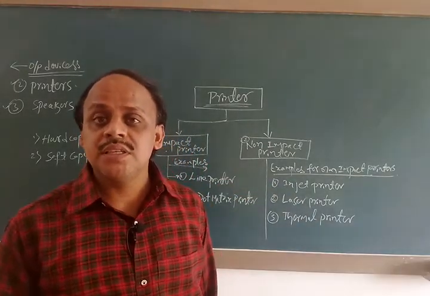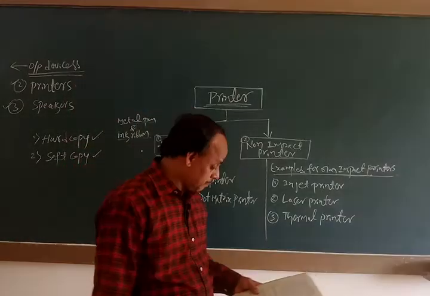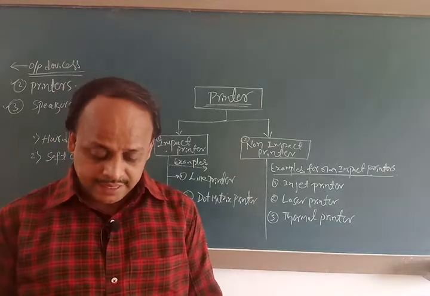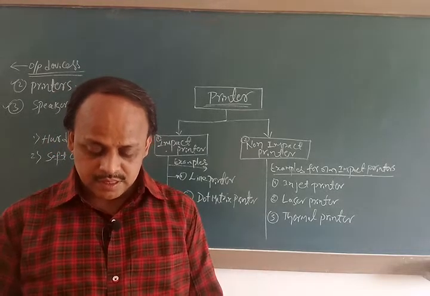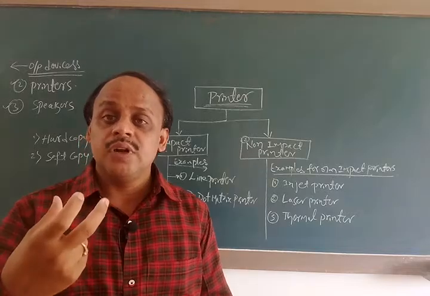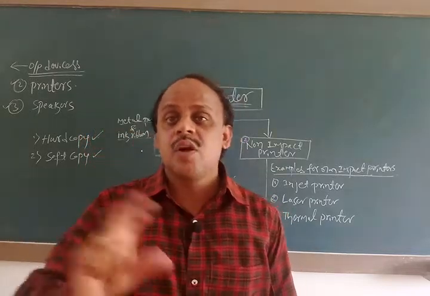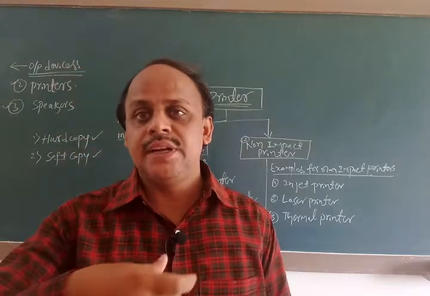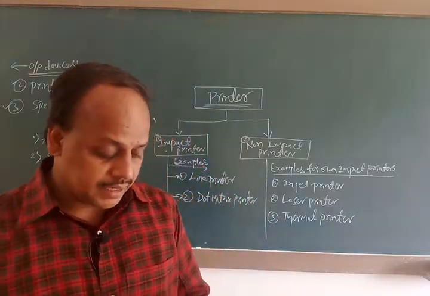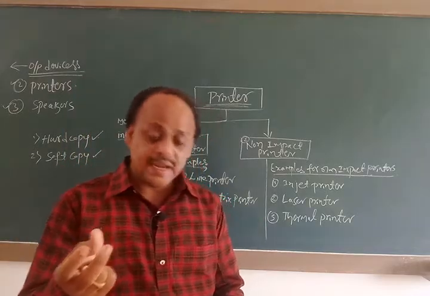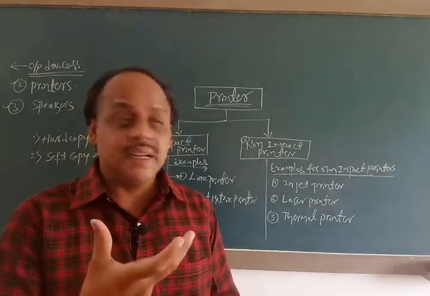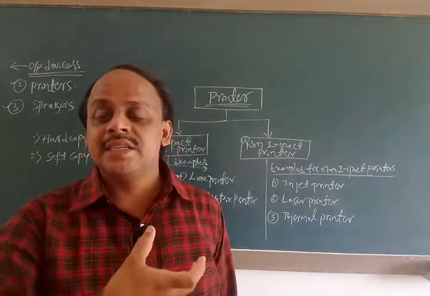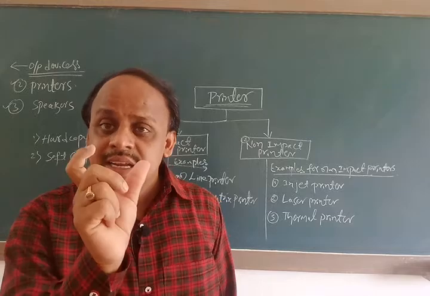Then how does it work? This non-impact printer contains ink, semi-solid ink, which is not exactly solid type. That semi-solid ink is stored in the printer. Means a non-impact printer contains a device called a cartridge.